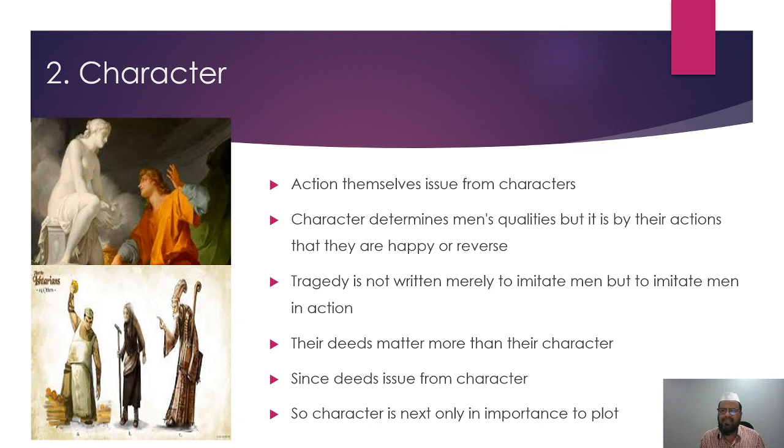It is stated that character is next to the plot in tragedy. This is how through the performance of the characters we understand their action, and we also understand whether they are happy characters or reverse.